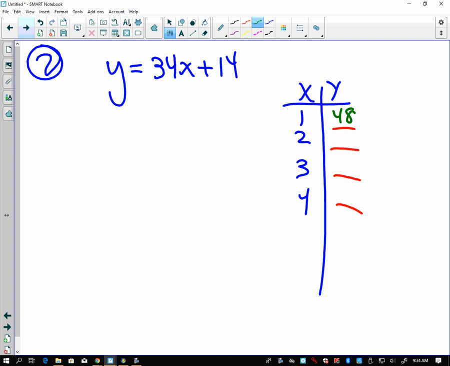34 times 2. Okay, 34 times 2 is what? 68? Is that right? 68 plus 14? Is it 82? What are you guys going to do? You're not going to try to do this all in your head, are you? Tomorrow? You're going to do this all in your head? Or are you going to show me your work? Okay, well, is it 82? Okay.